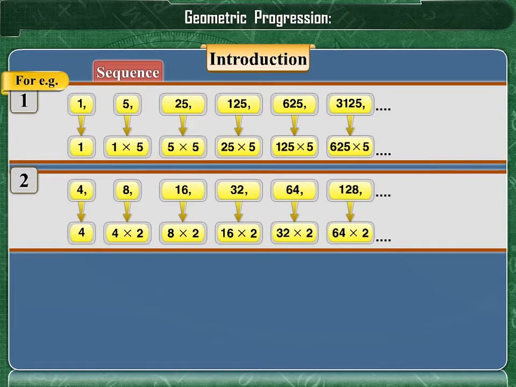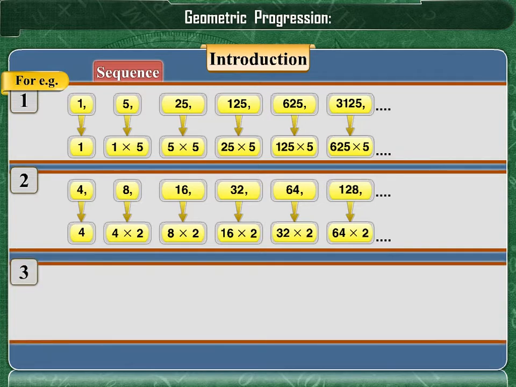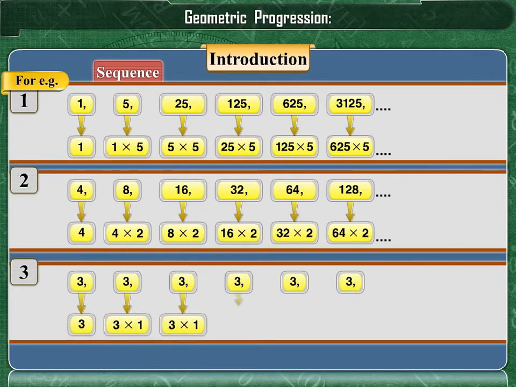Let us consider one more sequence 3, 3, 3, 3 and so on. What are the next two terms of this sequence? The next two terms of this sequence are the same number 3, since each term is obtained by multiplying the previous term by 1.